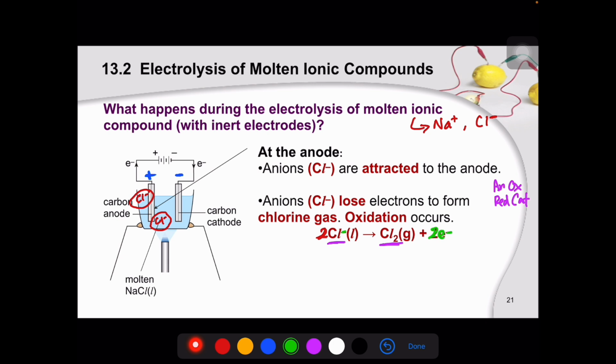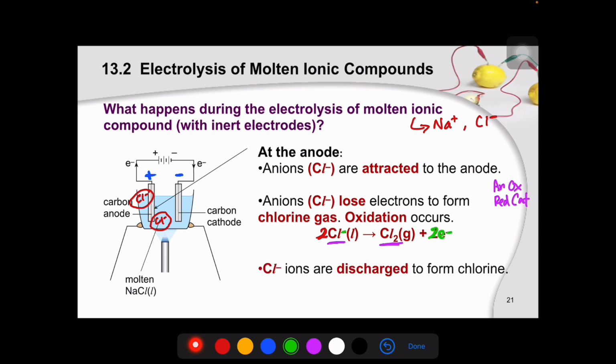This part will take a while to get used to, because you don't always construct such ionic equations. Usually you construct an ionic equation when we give you a chemical equation at the start. But over here, you need to really understand that you are starting with just chloride ions, but you want to form chlorine gas.